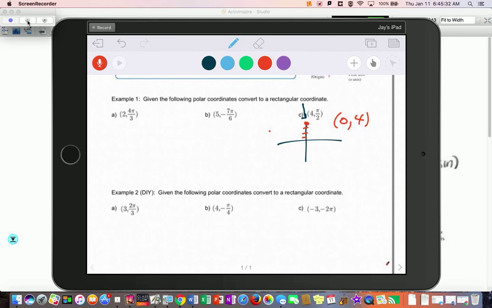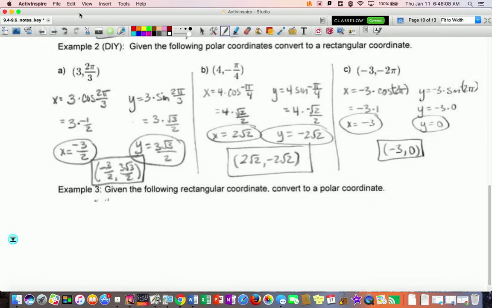All right, so let's go over and take a look at the answers for number 2 DIY. They're giving you the ordered pairs, and if you convert them, there should be your answers. Now this is an example of putting the numbers into the formula, the negative 2 pi.